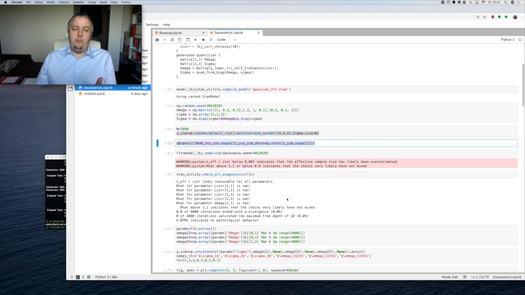We get some messages that can be surprising if you look at them for the first time: our coefficients for LKJ for the Cholesky factor of the correlation matrix are getting not a number.